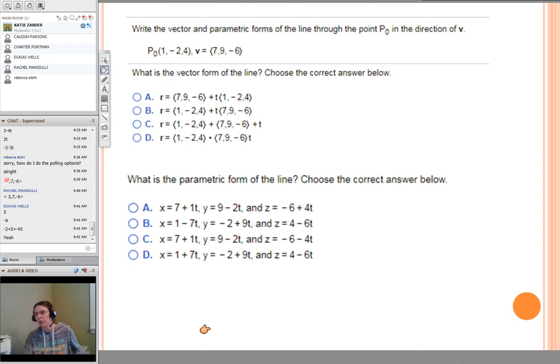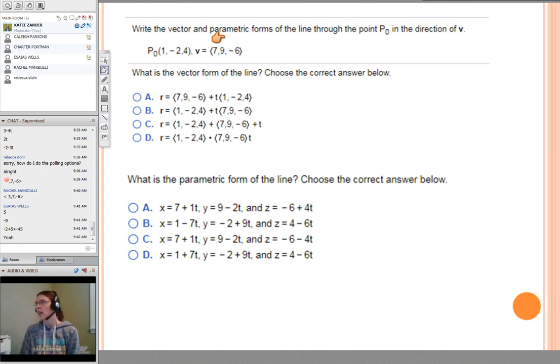All right, we're back to our polling tools here, and we'll probably finish with this one, which is fine. It says write the vector and parametric forms of the line through the point P0 in the direction of vector v. So good news here is they gave us the vector. We don't need to find that using 2 points.